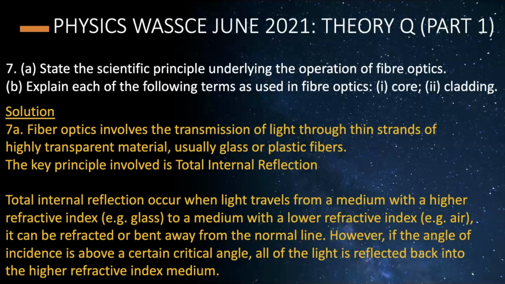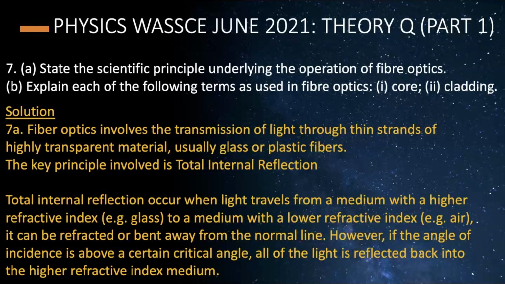Really, the links I provided are very simple to understand, and hopefully you understand more about the topic if that's useful for you. So total internal reflection occurs when light travels from a medium with a higher refractive index, such as glass, to a medium with a lower refractive index like air. It can be refracted or bent away from the normal line.